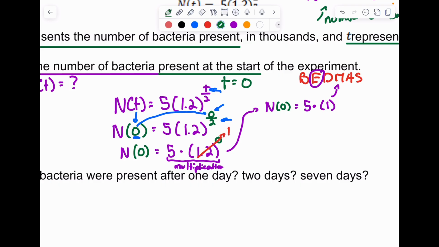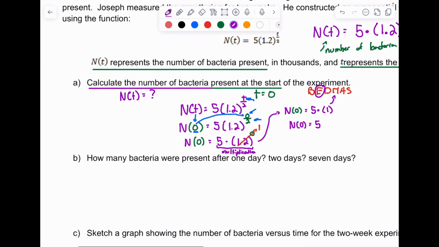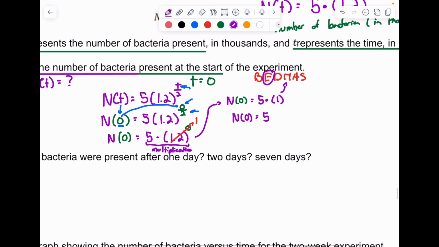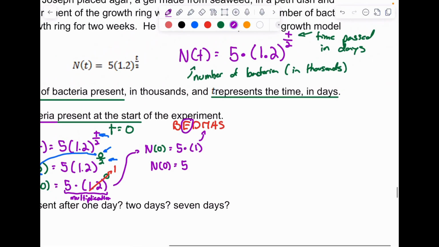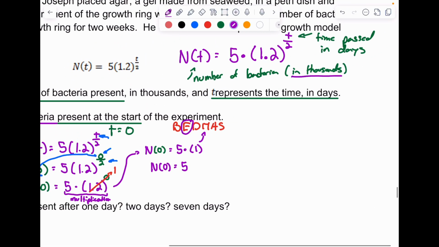All right, well, then you have n of 0. N evaluated at time 0 is 5. Right? 5 times 1 is 5. So calculate the number of bacteria present at the start of the experiment. Well, there's not 5 bacteria, because remember, your answer is in thousands.